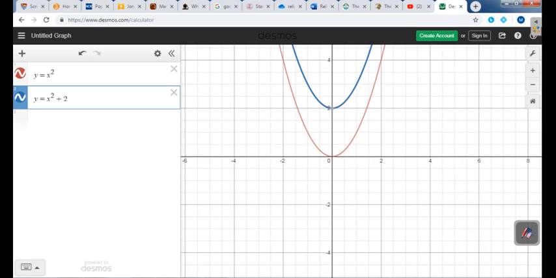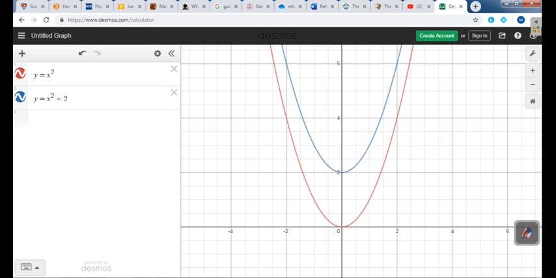The red one is x squared. The blue one is x squared plus 2. What do you notice? It was moved up. How many units was it moved up? 2 units.